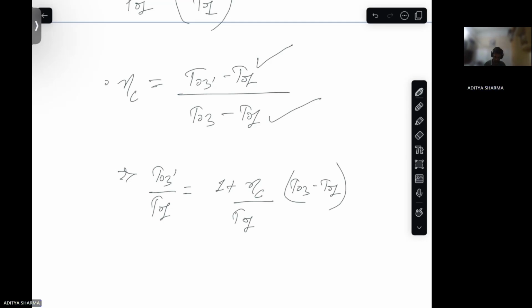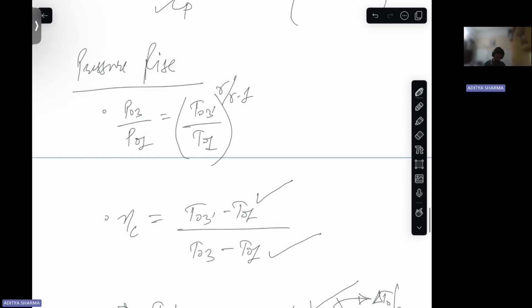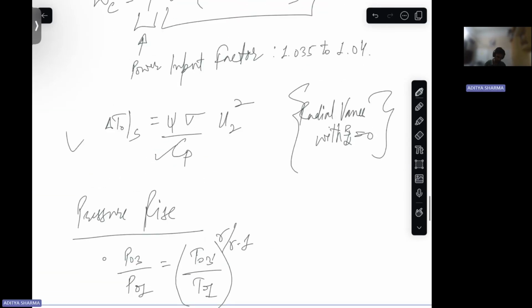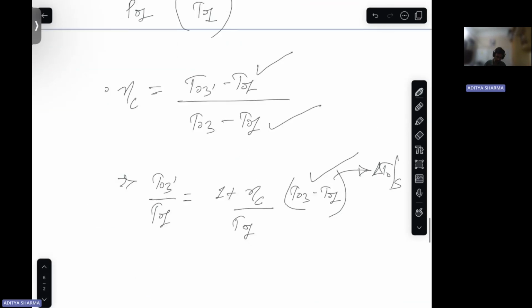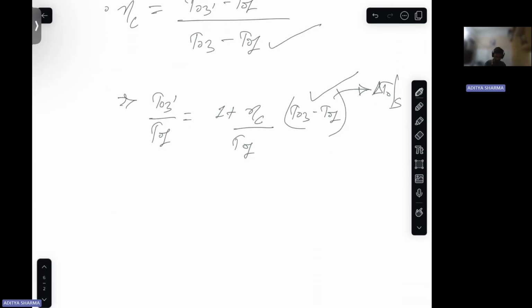So T03 minus T01 is your delta T of stage. So we have an expression for this delta T0 for stage.